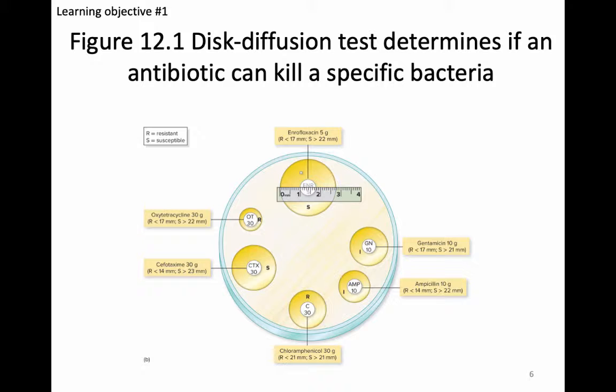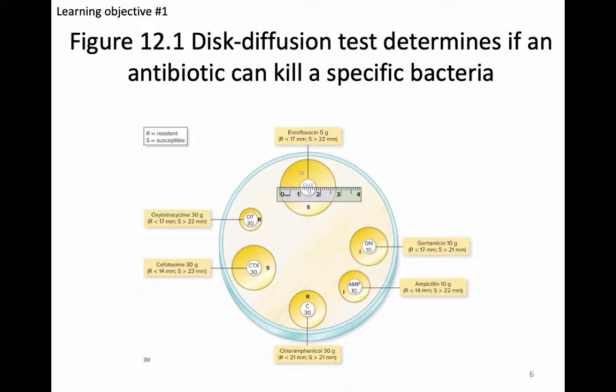So with each of these antimicrobials, there is a zone of clearing that is considered the limit. If the zone of clearing is bigger than the limit, then the antimicrobial is going to be effective against the microbe, and the microbe will be susceptible to that antimicrobial.